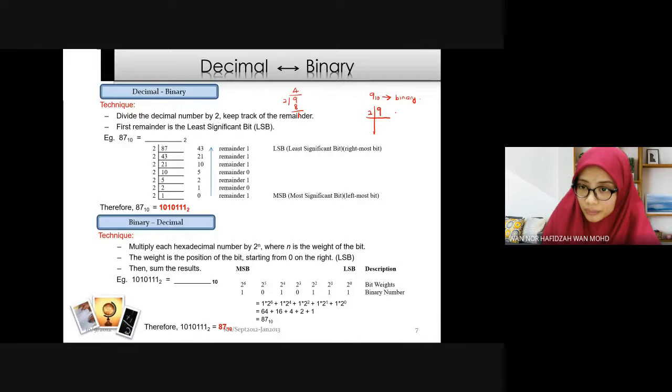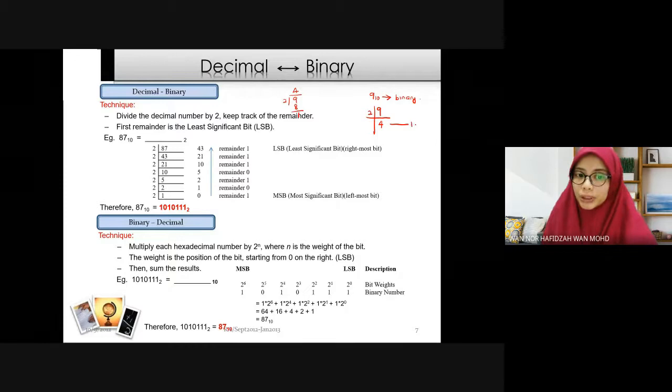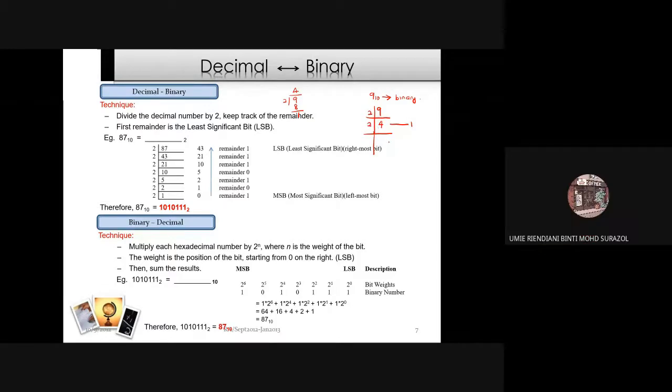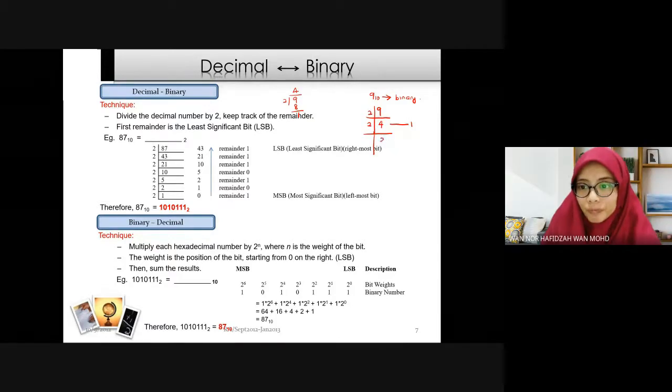Same goes to this. 9 divided by 2, we have 4, and the remainder is equal to 1. So put it there. And then 4 divide by 2, you get 2, remainder 0.